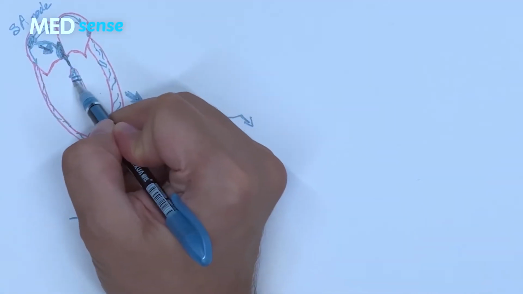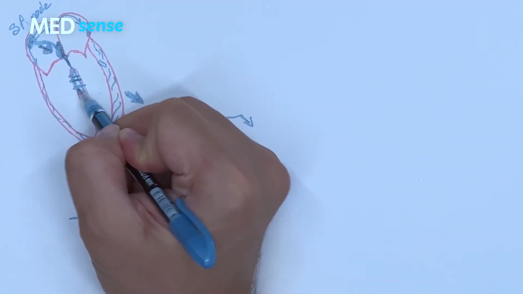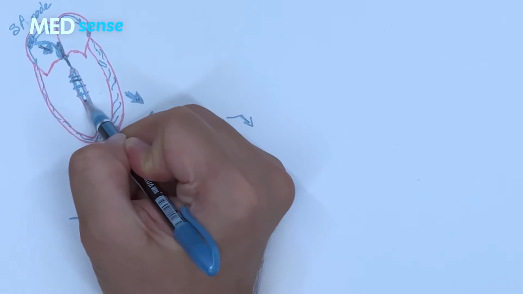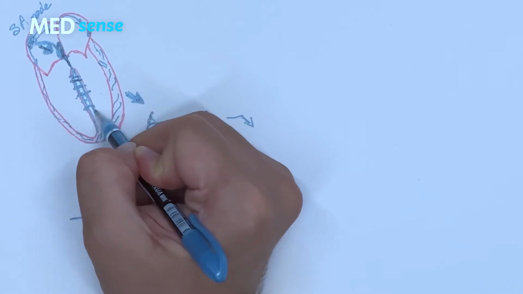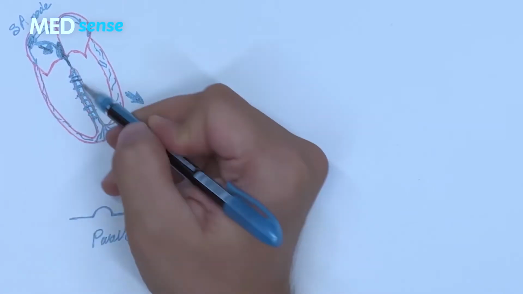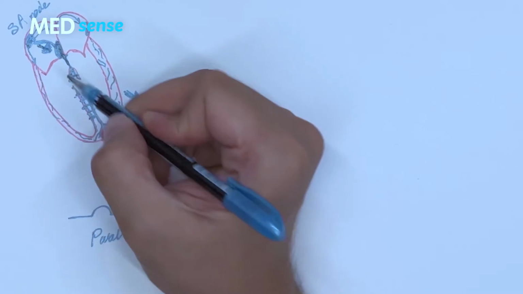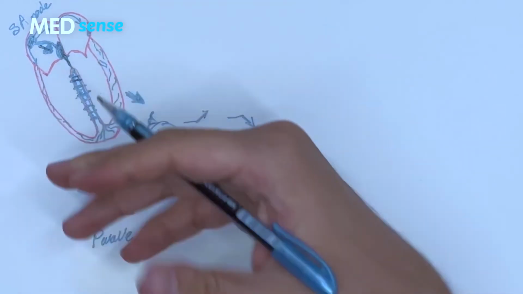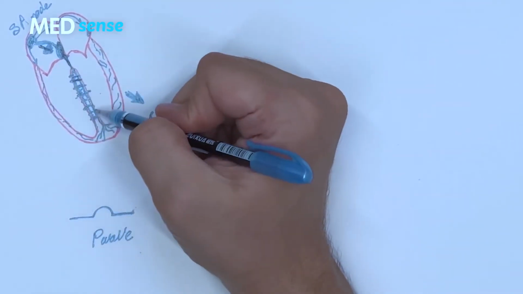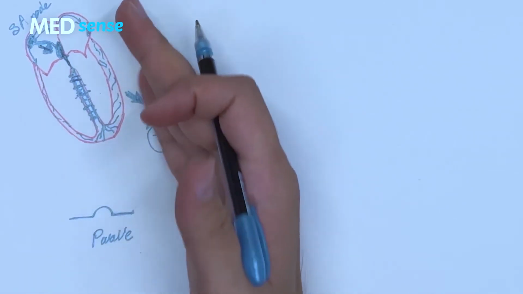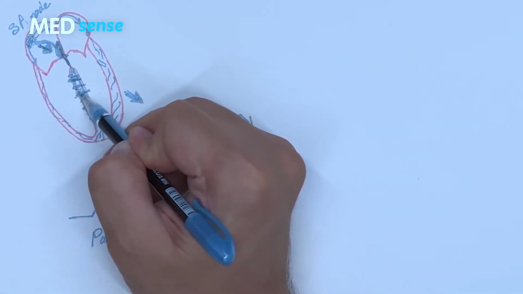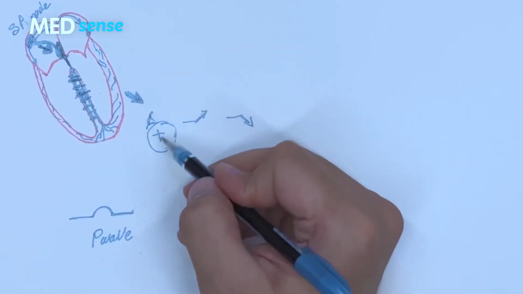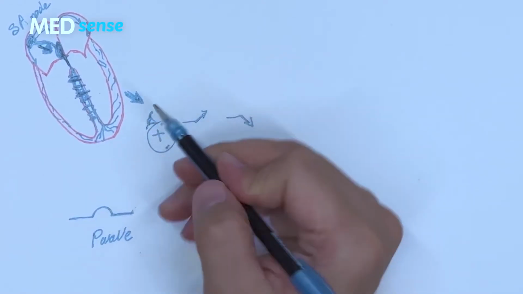So the electrical impulse is going this way from the left bundle to the rest of the interventricular septum thickness. Of course, the right bundle branch shares in depolarizing the interventricular septum, but this is the net vector from left to right, this way. Okay, back to this.